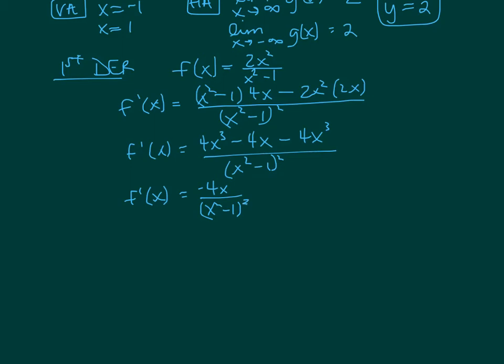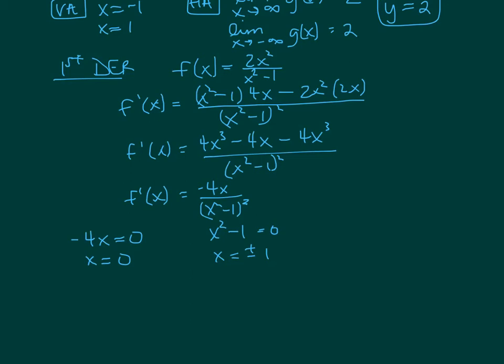Okay, so remember, when we have a rational function and we're talking about our critical values, we have to set both the numerator and the denominator equal to 0. So if I say negative 4x equals 0, I get x equals 0. Then moving on to the denominator, I'd have x squared minus 1 equals 0, so x would equal positive and negative 1.